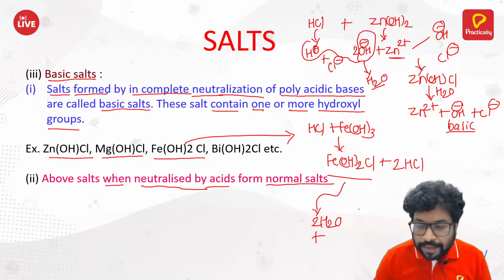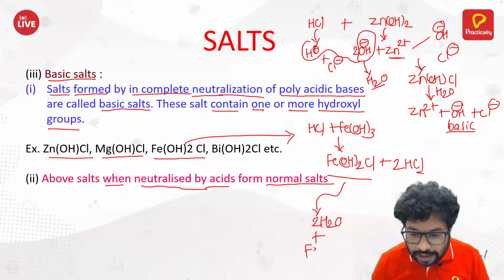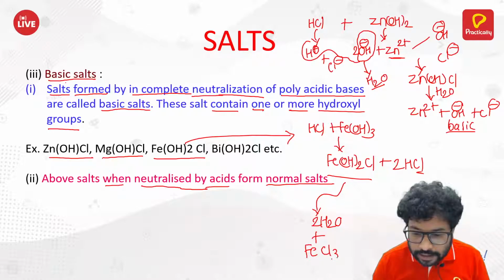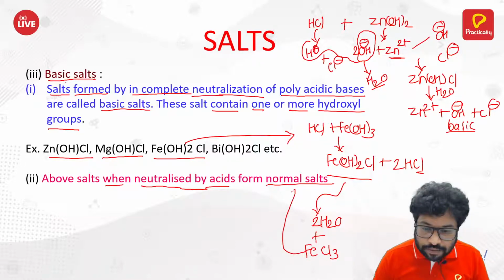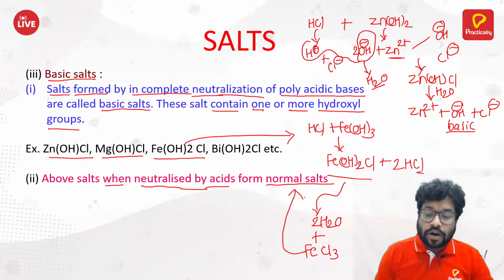And apart from that, you get 2 Cl minus and this Fe, that will give you FeCl3. Now your FeCl3 is what? It's a completely normal salt.